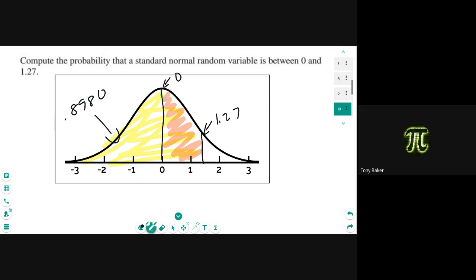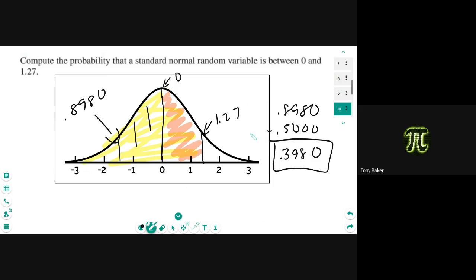And I don't want that half, and that half is 50%. So we do the 0.8980 minus 0.5, and we get 0.3980. And that's my answer. I'm just cutting off that 50% that I didn't want.